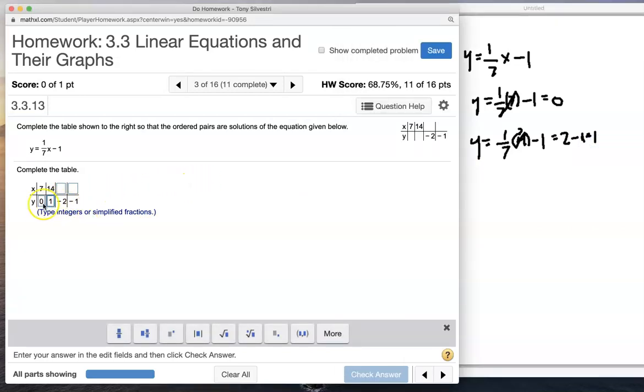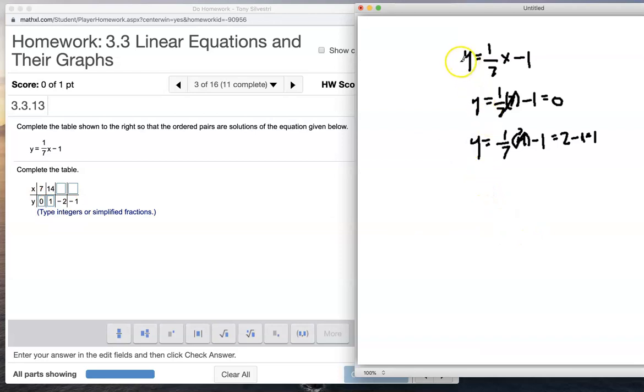Now be careful here. Y is set to -2, not x. So I'm going to take this equation, set -2 for y, and calculate what x has to be. Well, get rid of the minus 1. Plus 1 both sides. Plus 1 will get rid of the minus 1 here. Do the opposite.